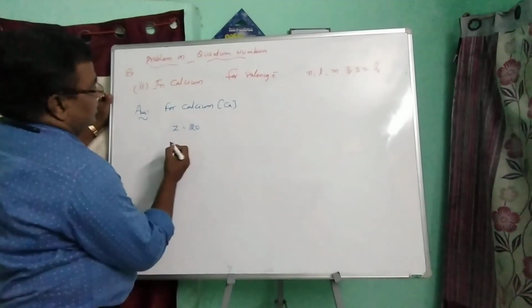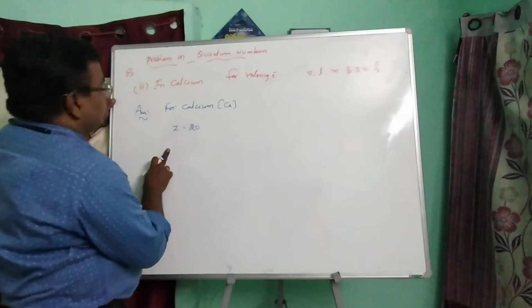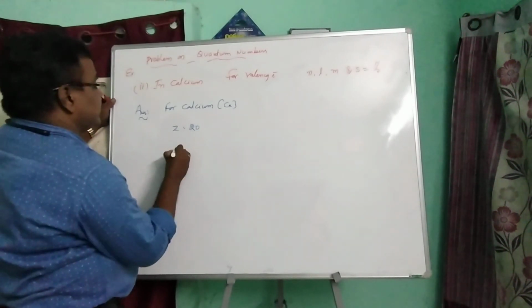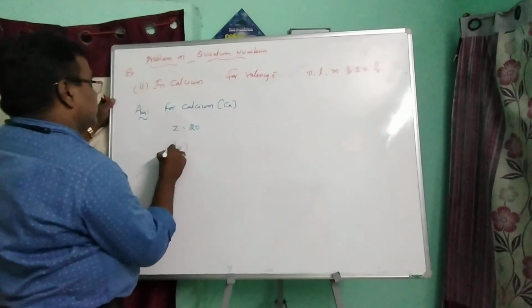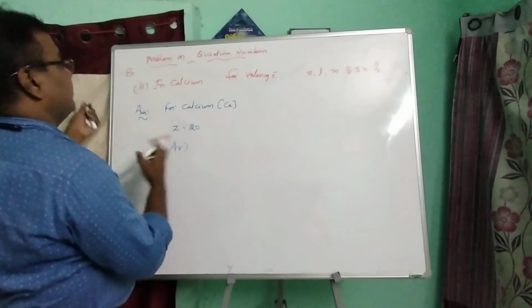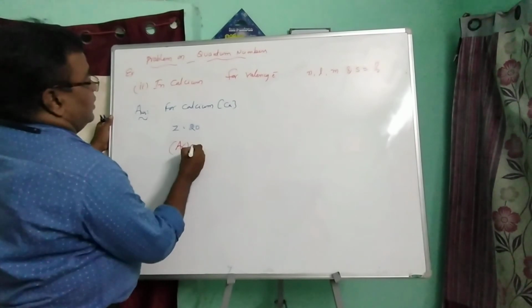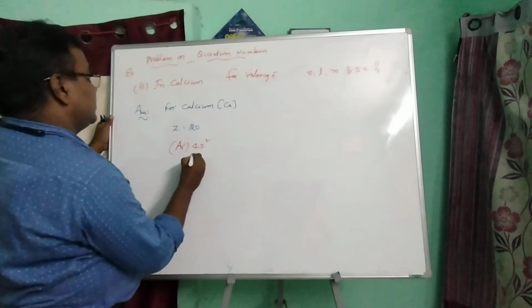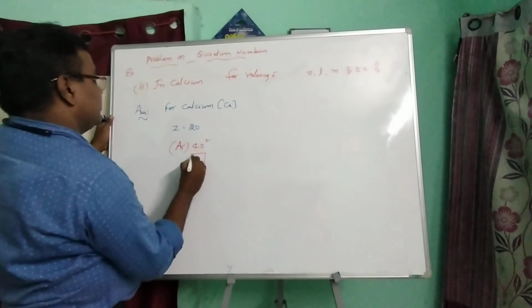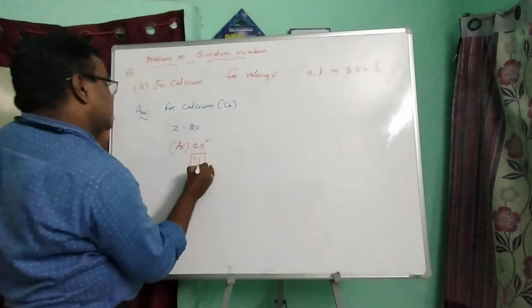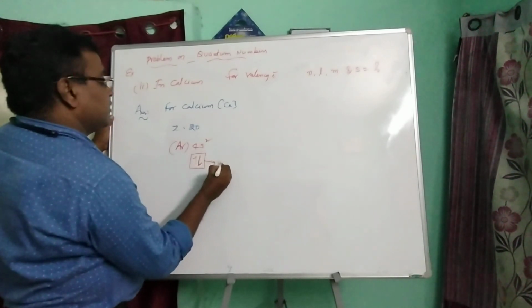Therefore the electronic configuration is 1s2, 2s2, 2p6, 3s2, 3p6, that is argon, then 4s2. So this is the valence shell, 2 electrons, first and last.